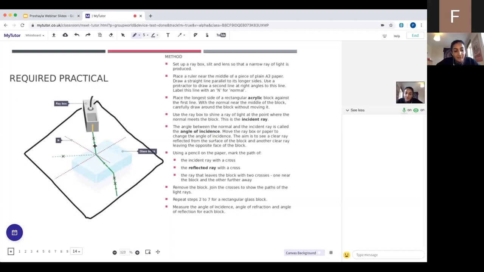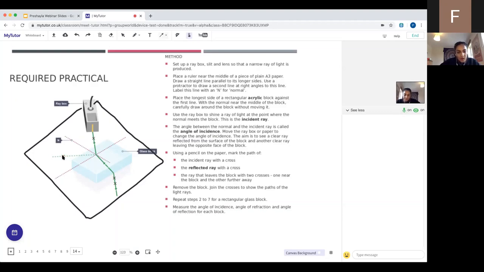So there are 3 rays going on here. Incident ray, which is this one here. That's our incident ray. Reflected ray, which is this one here. And refracted ray, which is this one here, which bends. So we've got 3 different rays which are marked with an X here.